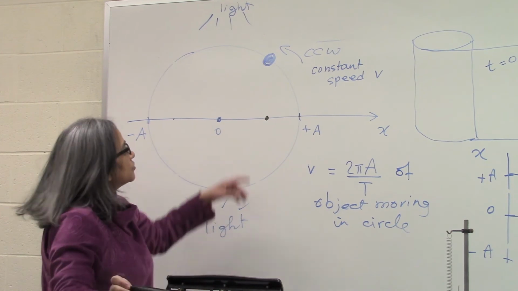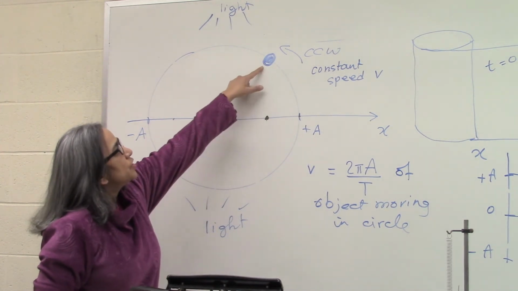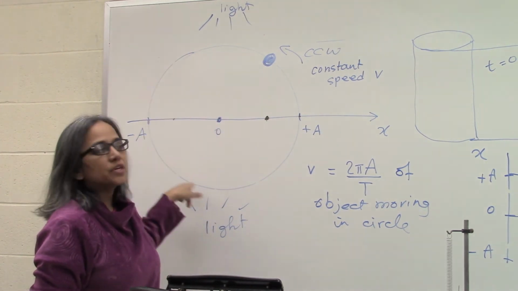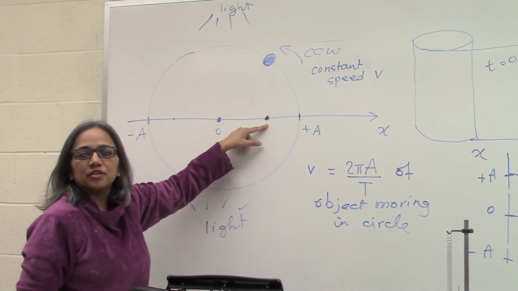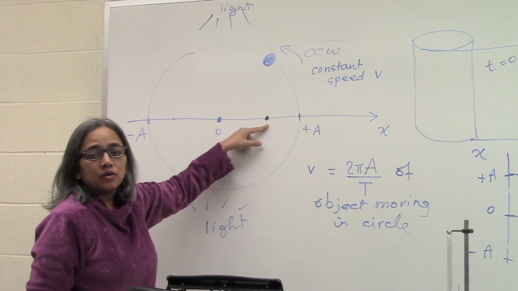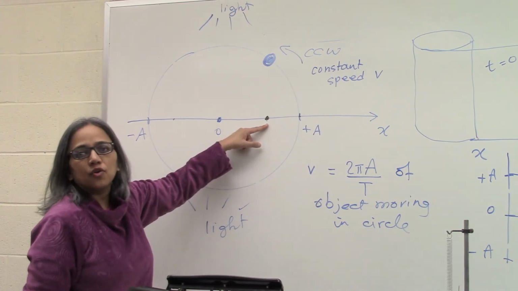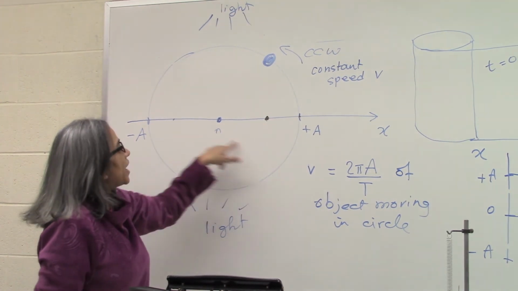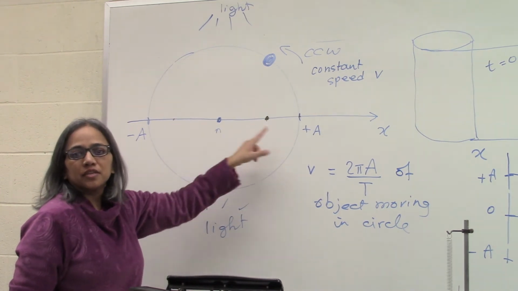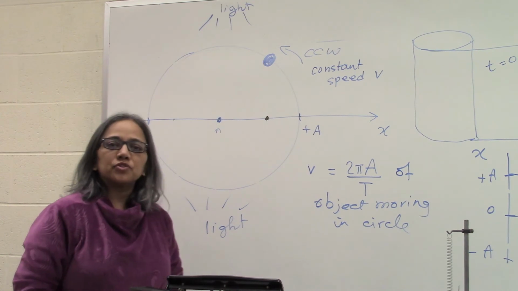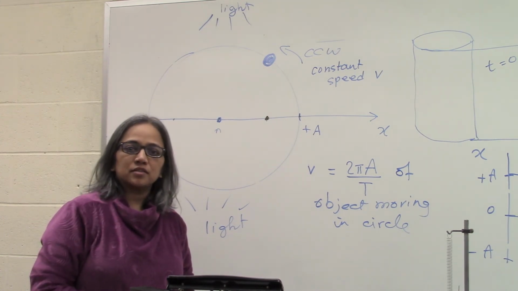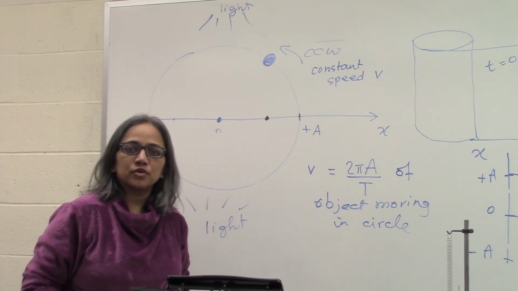Okay, so in other words, if you have an imaginary object moving in a circle steadily at this constant speed, then its projection on the x-axis, or in other words, its shadow falling on the x-axis, is going to go back and forth in an oscillatory motion. So, in other words, if we project circular motion on the x-axis, we get oscillatory motion.